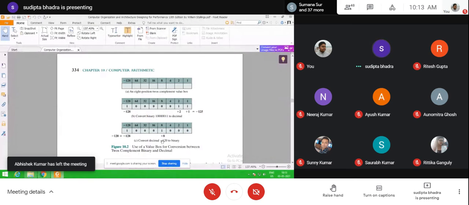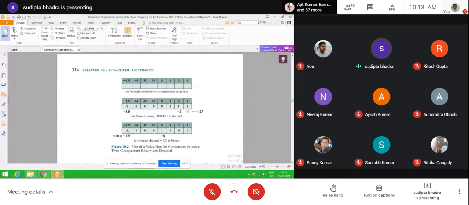Similarly, here you see minus 120. What is minus 120 in binary form? From the 0th bit to the 6th bit, all the bit positions are filled with values, and only the fourth position from the right is 1, which means plus 8.